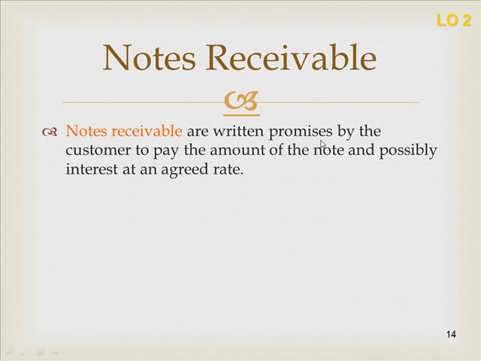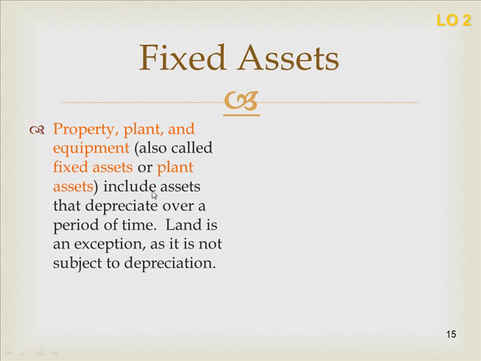Notes receivable are written promises by the customer to pay the amount of the note and possibly interest at an agreed rate. We'll talk about this in Chapter 9. For now, what you need to understand is that anytime you see the word receivable, it is an asset. Fixed assets, or property, plant, and equipment, include assets that depreciate over a period of time.